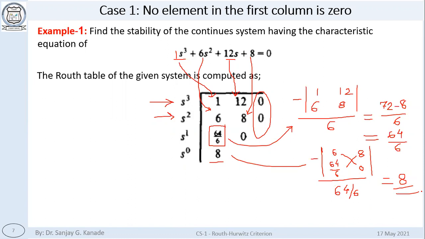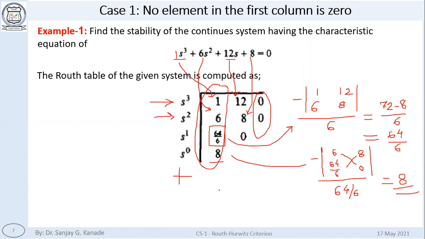So now we have this array. So what is the status of stability? Whether this system is stable, unstable, or what? Marginally stable, whatever. Stable system, sir. Right? This is a stable system. Why are we saying it's stable? Because look at the first column here. These values are all positive.